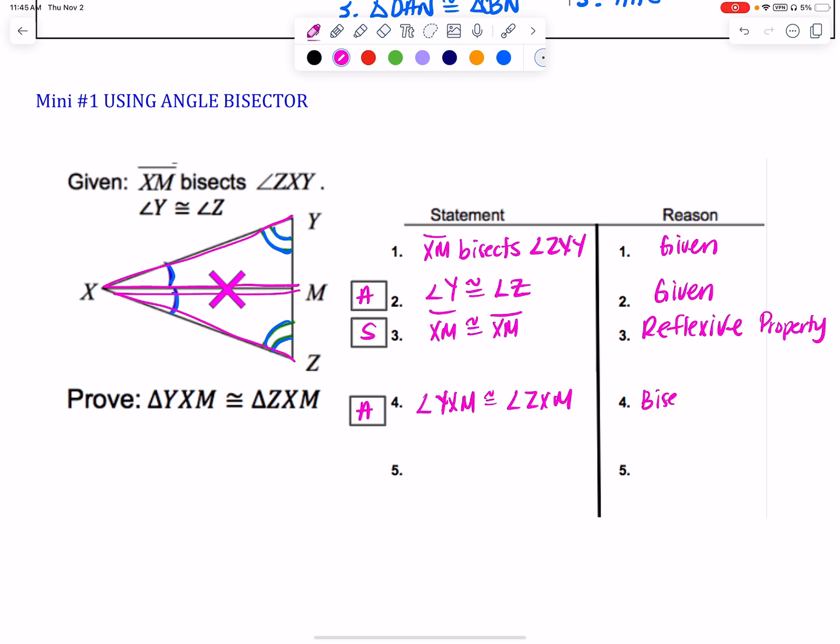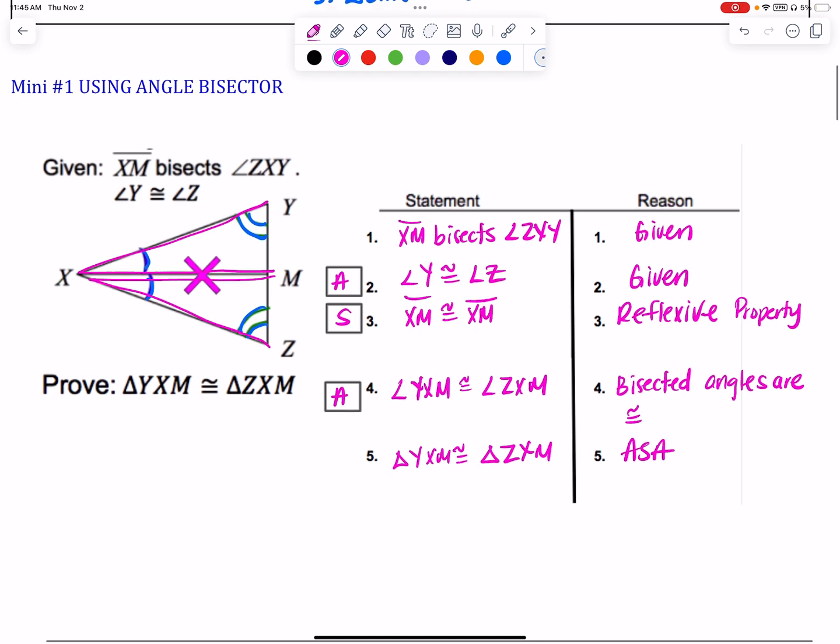Because bisected angles are congruent. Don't write definition of bisected, say what they do. And then we finally end with what we had to prove. Triangle YXM is congruent to triangle ZXM using ASA.